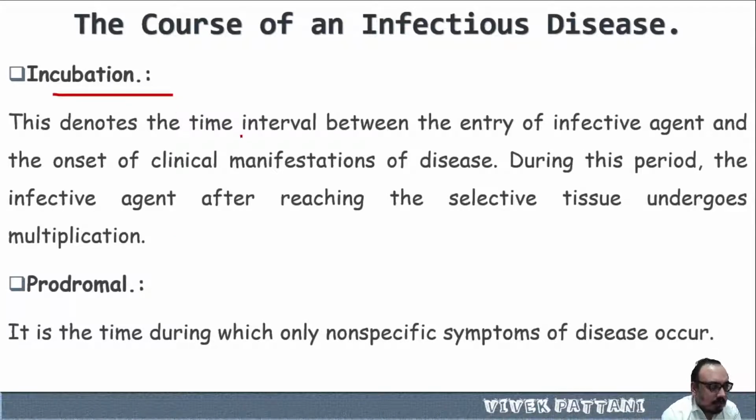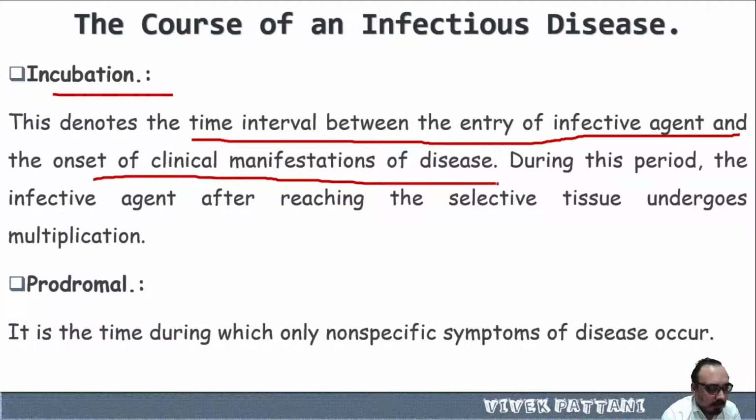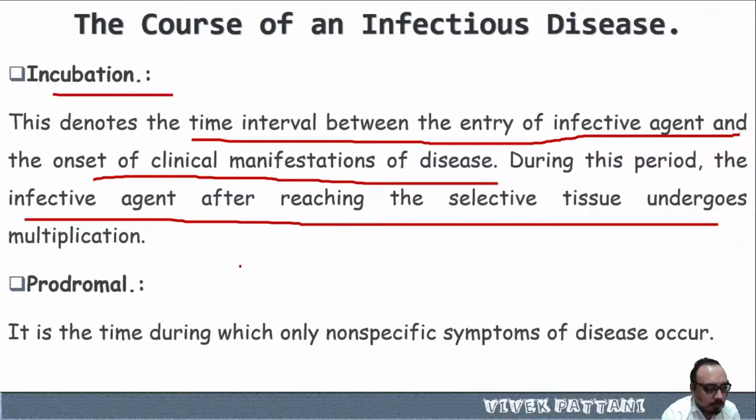So what do we mean by the incubation stage? This denotes the time between the entry of the infective agent and the onset of clinical manifestations of a disease. During this period, the infective agent, after reaching the selective tissue, undergoes multiplication.